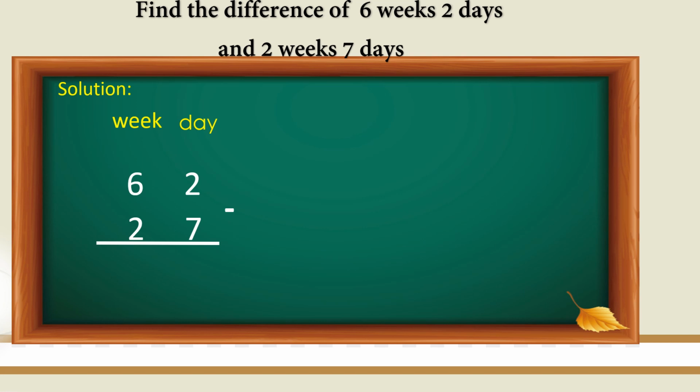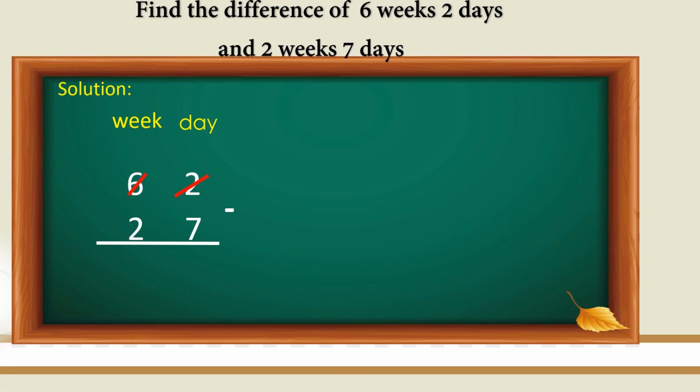Before we subtract, have you noticed that the minuend is smaller than the subtrahend in days? What should we do? If you can still remember, 1 week is equal to how many days? 7 days. Now let's borrow first from week.